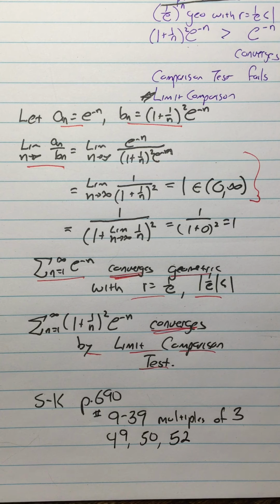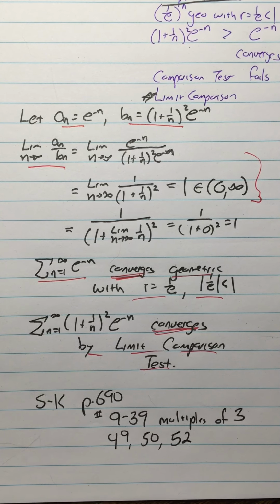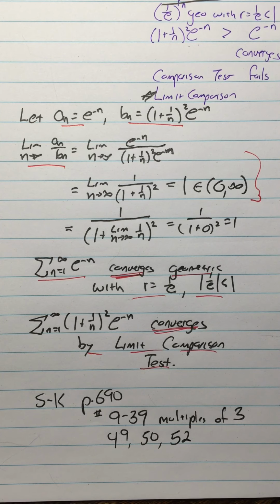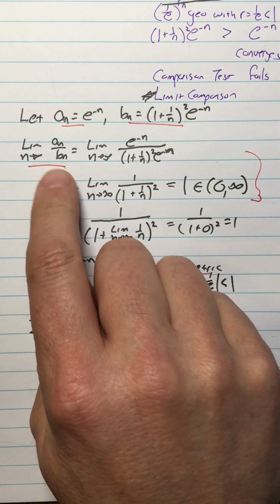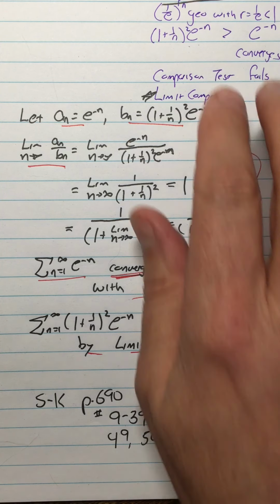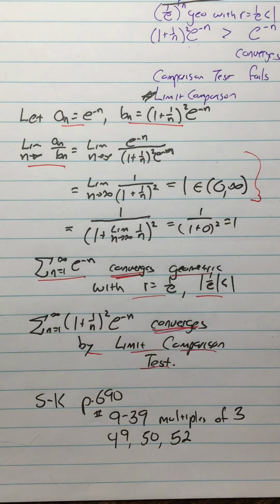There are 2 comparison tests. There's the comparison test, and there's the limit comparison test. The comparison test is nice because it's easy, because you don't have to do this limit. But it doesn't always work because you have to be less than a convergent or more than a divergent. So if you're more than a convergent, it doesn't work.